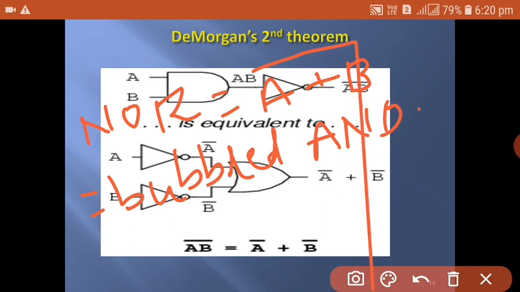Bubbled AND stands for complemented inputs, which will be A bar into B bar. So A plus B whole bar is equal to A bar into B bar. This is De Morgan's first theorem. Based on that, we can say the NOR gate is equivalent to bubbled AND, and based on De Morgan's second theorem, the NAND gate is equal to bubbled OR.